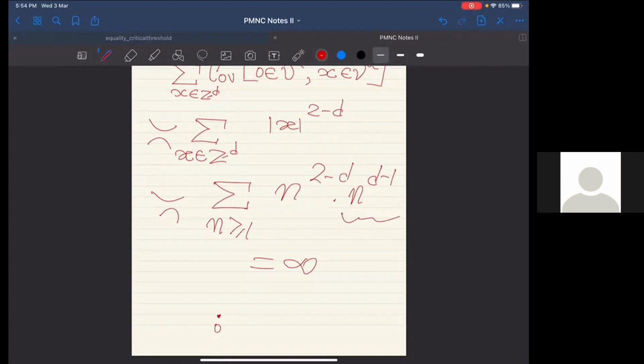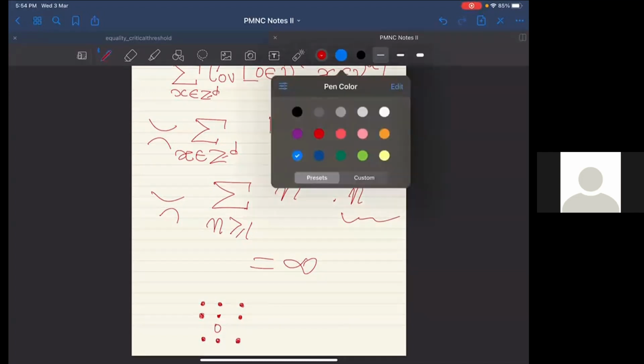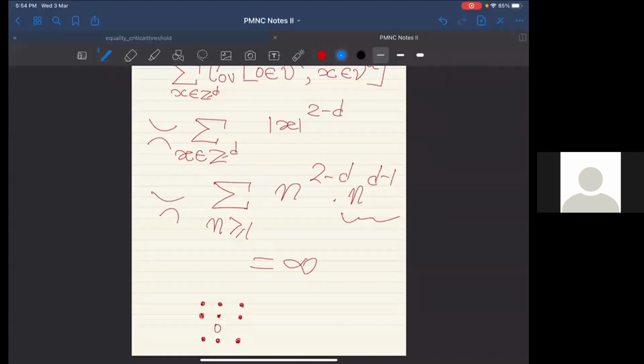I don't know the state of the origin, but I know the points around it in my graph, and I know that they are all vacant.